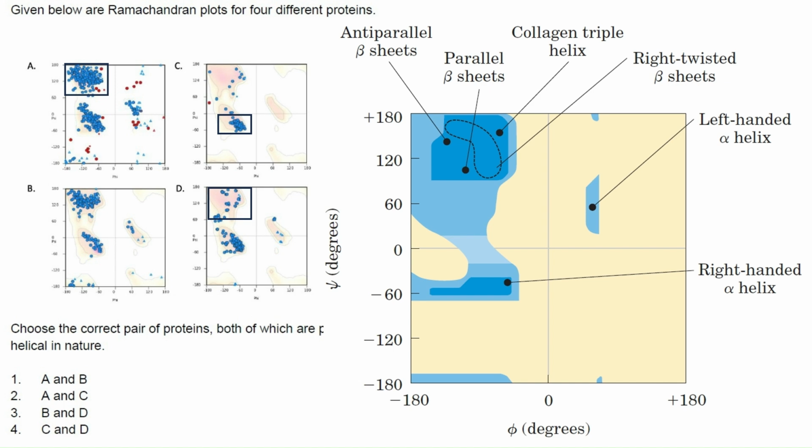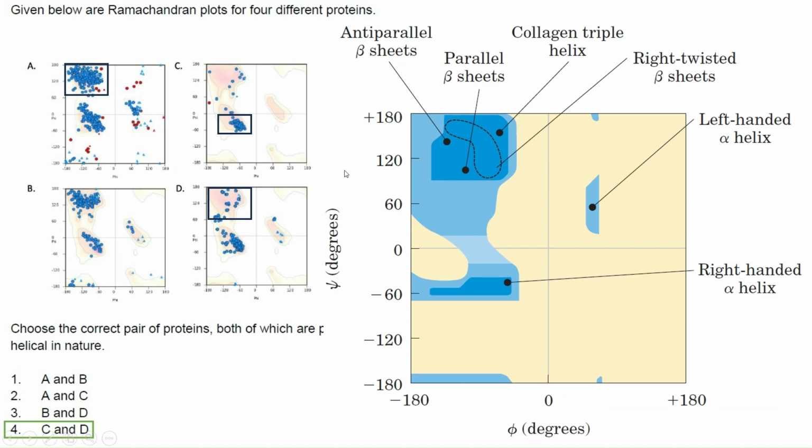So if we have to choose which one is particularly alpha helical in nature, we can say that D has relatively more alpha helical residues compared to protein A. So in this question, our answer will be option 4.